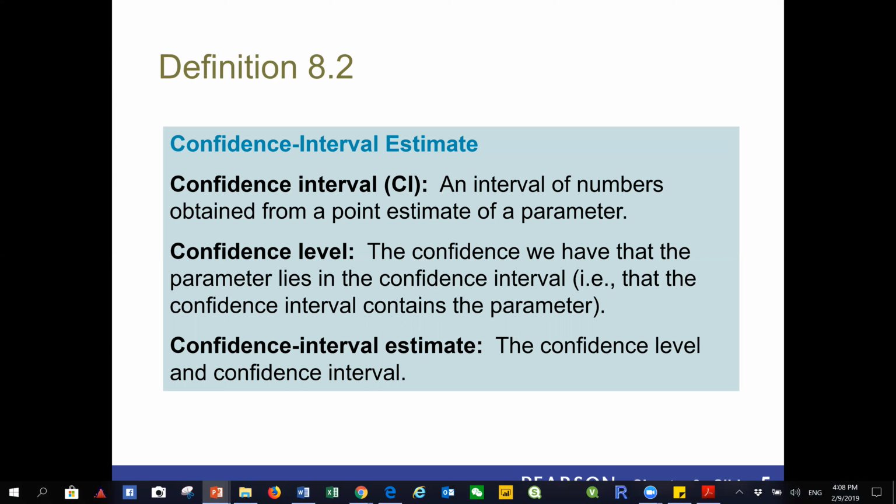The confidence interval is like firing a shotgun bullet. When you fire a shotgun bullet, you hit the target with a range. That increases the probability of hitting the target. Okay, so this is the strategy that we use.